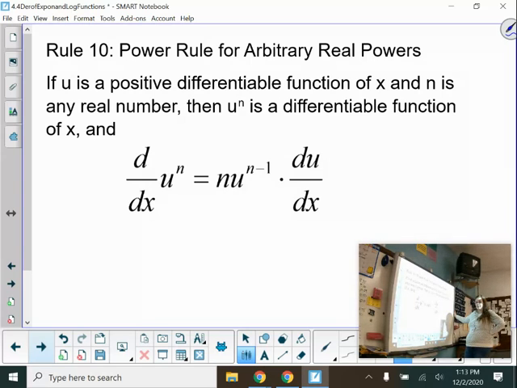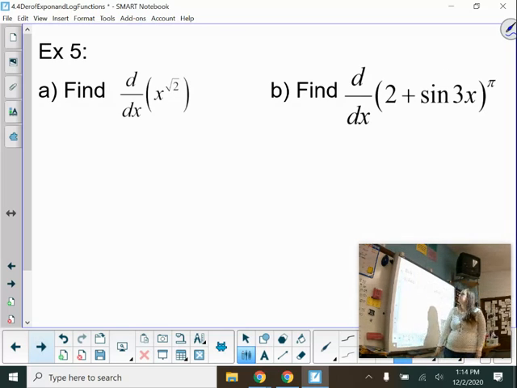So we looked at positive integers, negative integers, rational exponents, and now we're looking at all real power exponents. So you could have exponents that are pi, you could have exponents that are irrational, like square roots, anything like that. And this is what I mean by that.